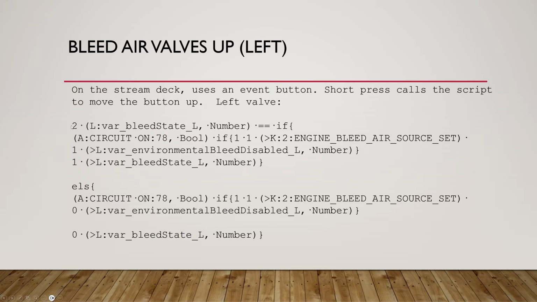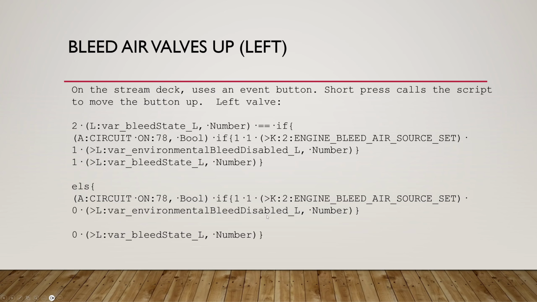If it's not position 2, we assume it's in position 1, so it's now going to move it to the top position. It's going to move it to position 0, and again it's making sure that it's going to bleed air, but this time it's also going to be allowed to bleed it into the cabin.